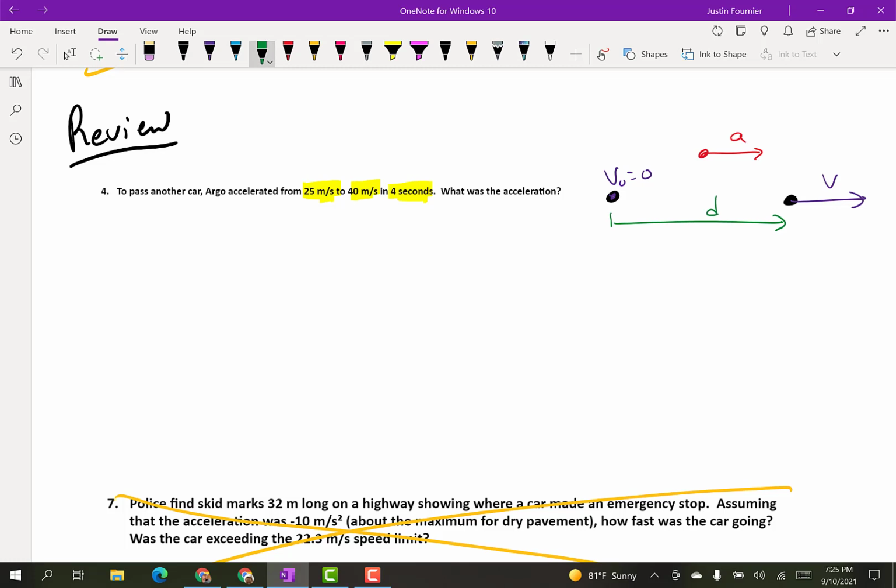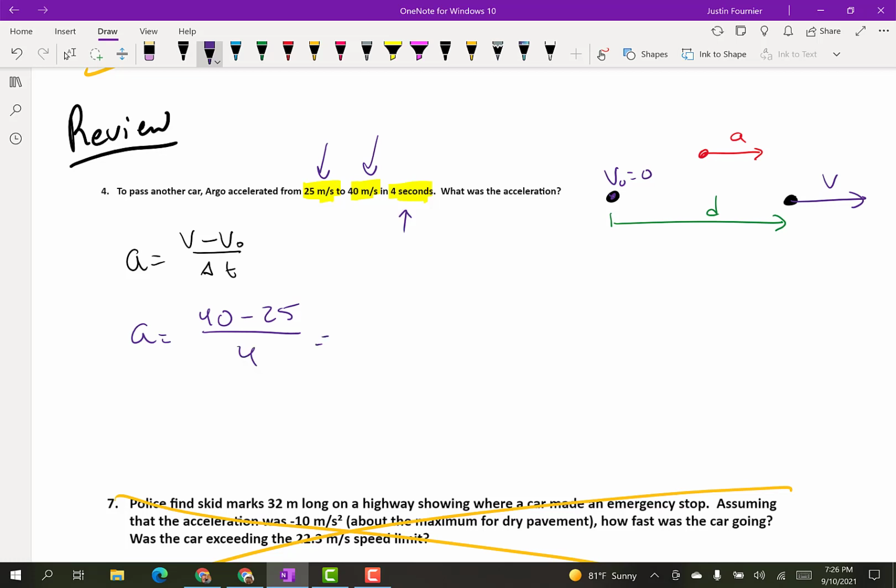So to find out the acceleration, I could use one of my kinematic equations, but I'm going to use the definition of acceleration, which is the change in velocity over the change in time. That gives me that the average acceleration is the final velocity minus the initial velocity, divided by the change in time, which is 4 seconds.